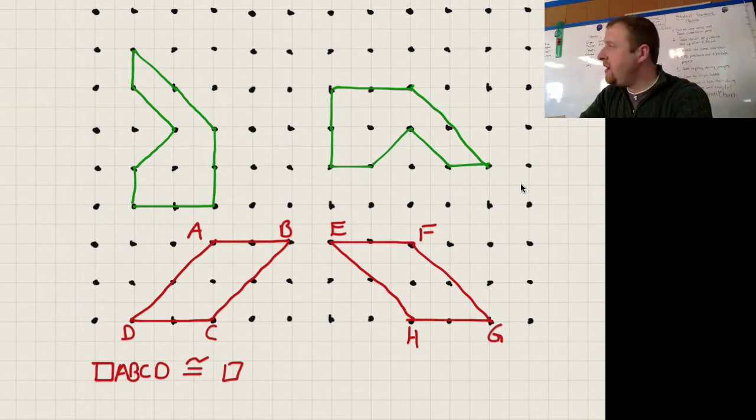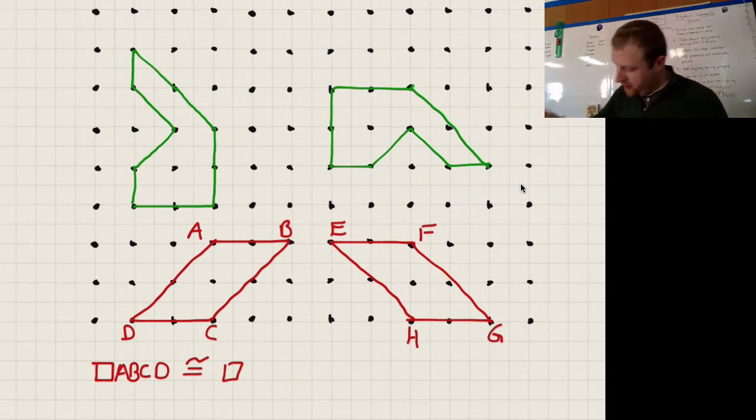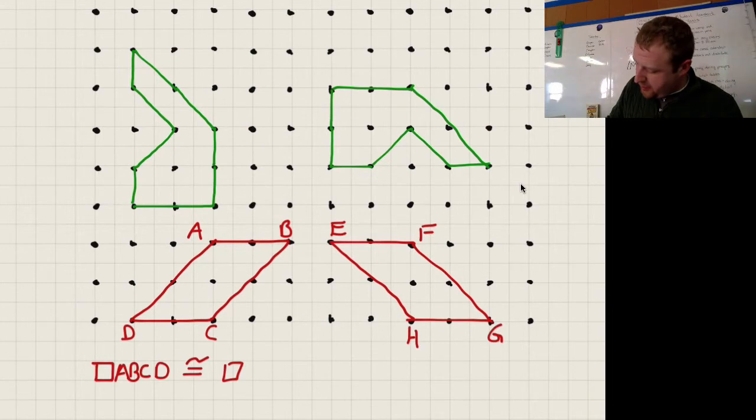All right, Hannah, let's start with this. Point A on the left-hand figure is congruent to which point on the right-hand figure? Yes, F. So the first thing is if A comes first, F must come first.